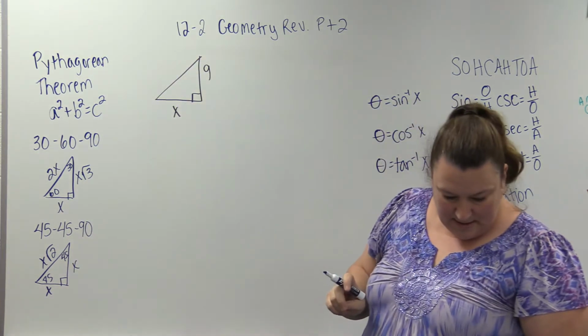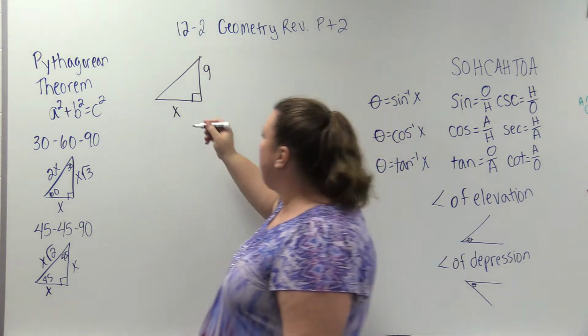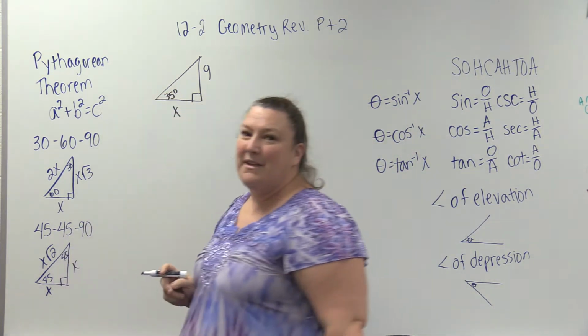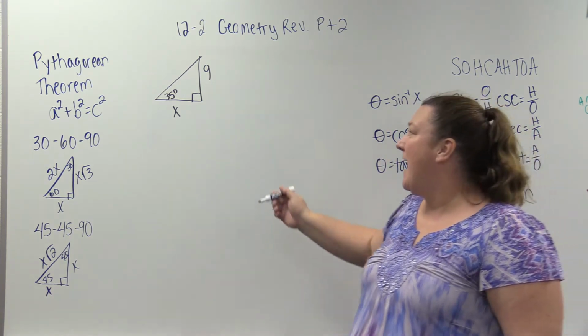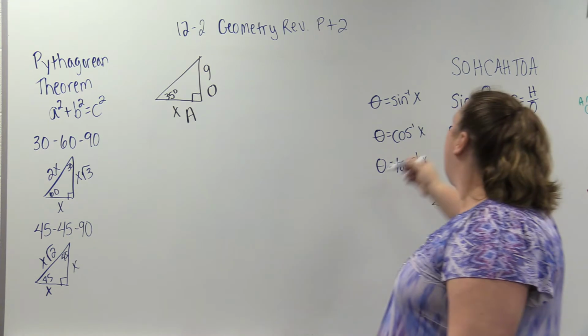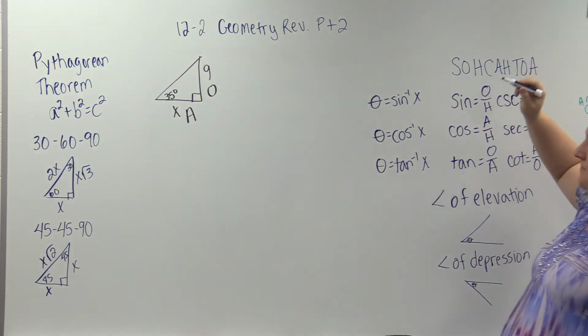And my lower angle is 35 degrees. So in relationship to 35, I have opposite and adjacent. Opposite and adjacent is tangent.